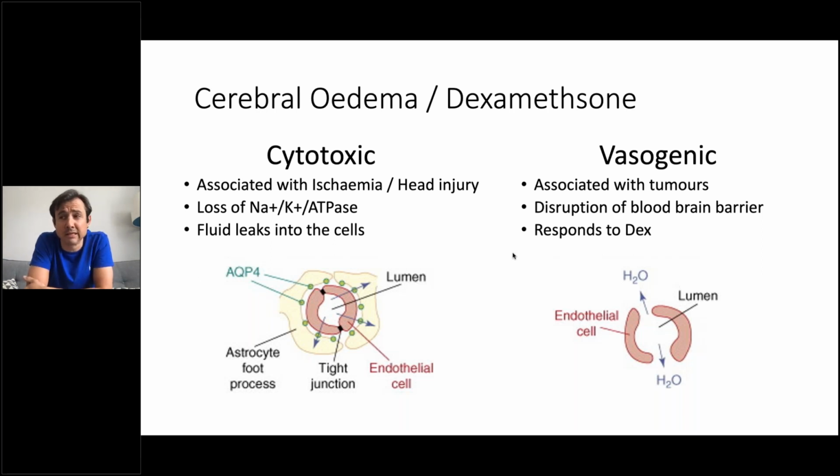I don't think, to my knowledge, it's reported yet. Watch this space for that, I guess. Really dexamethasone is indicated for vasogenic edema, so edema associated with tumors. But its role in other types of edema is unclear. I guess that's what I'm trying to say with this slide.